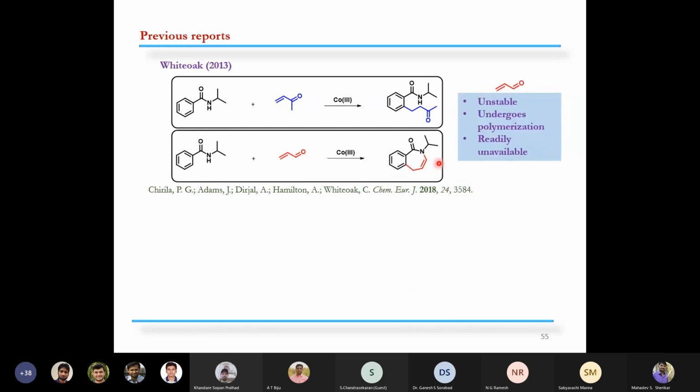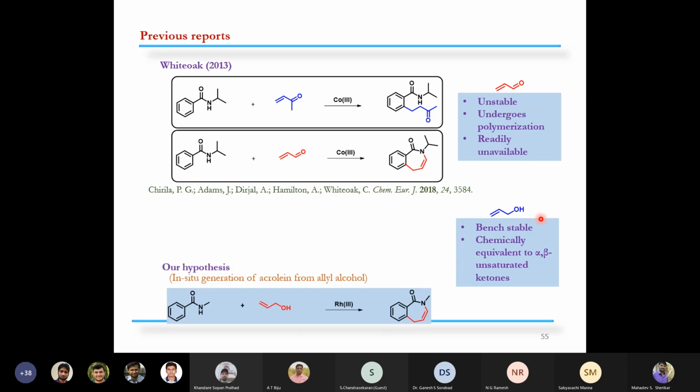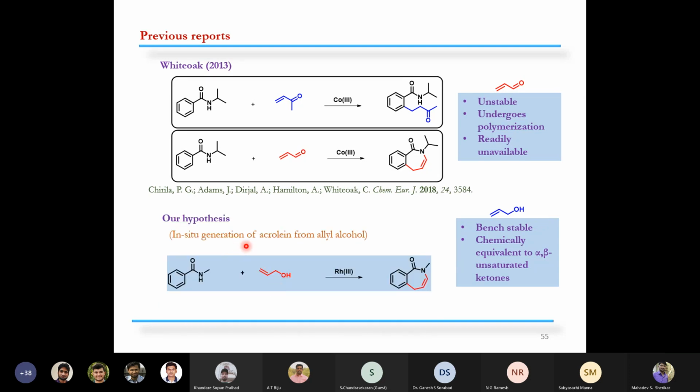So for preparation of this 7-member benzolactam, people used acrolein, which is unstable, readily undergoes polymerization, and is also not readily available, especially in India. But allyl alcohol is bench stable, which is chemically equivalent to an alpha beta unsaturated ketone. So we thought that we can do in situ generation of acrolein from allyl alcohol, so that the in situ generated acrolein can couple with this benzamide and form the 7-member benzolactam product using rhodium.